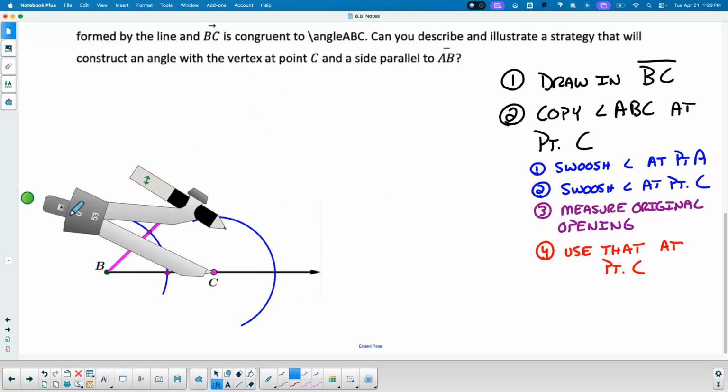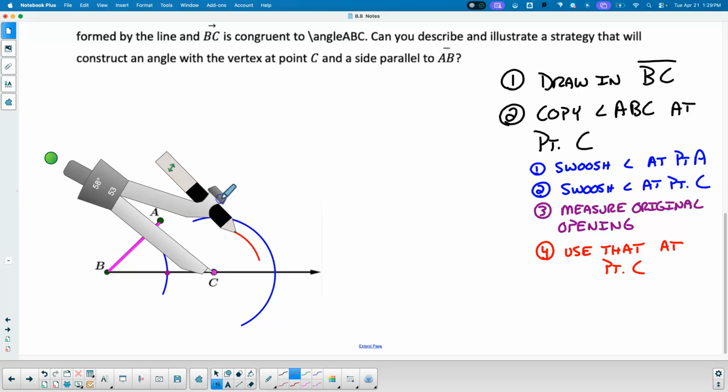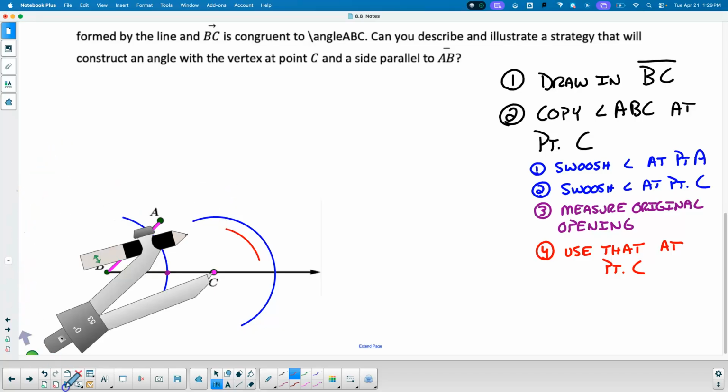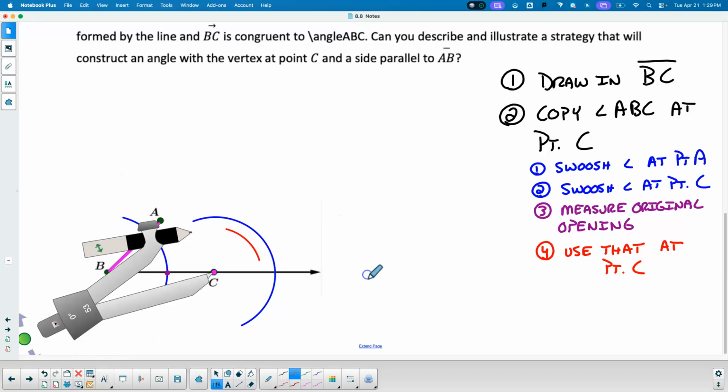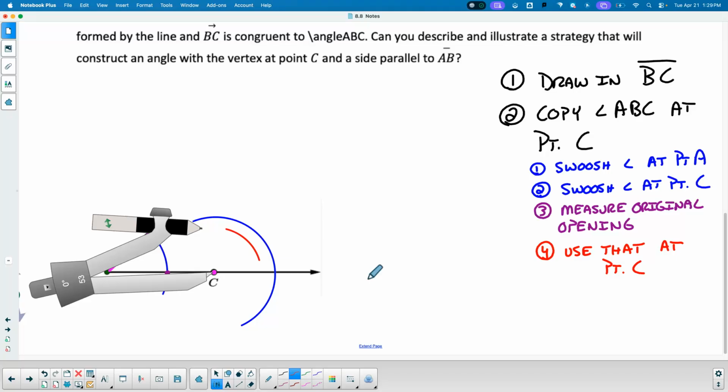Why didn't that work? Did I move something?